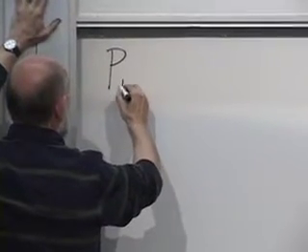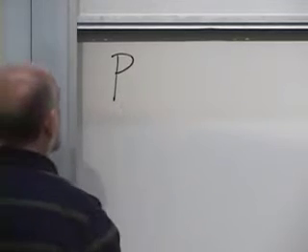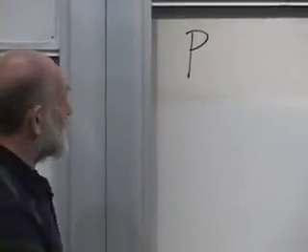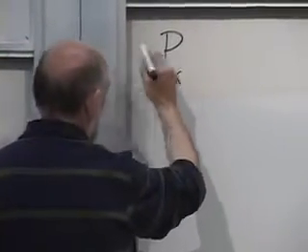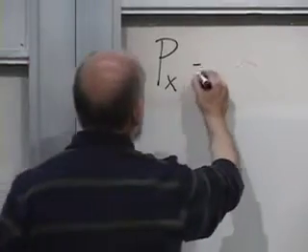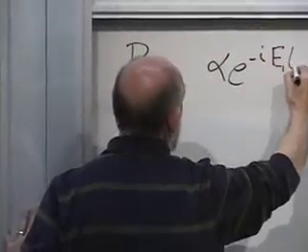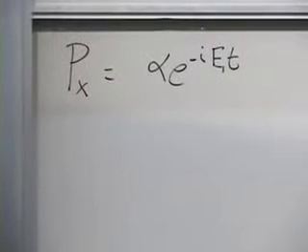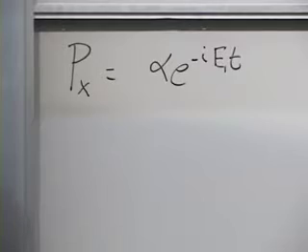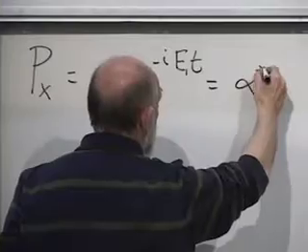The probability that the x polarization is plus, in other words, that it's polarized along the x-axis, that the photon goes through the polarizer, that's just going to be alpha e to the minus i E1 t times its own complex conjugate. Remember, we take these entries and we multiply them by their own complex conjugate. And what's that going to give? That's just going to give alpha star alpha.